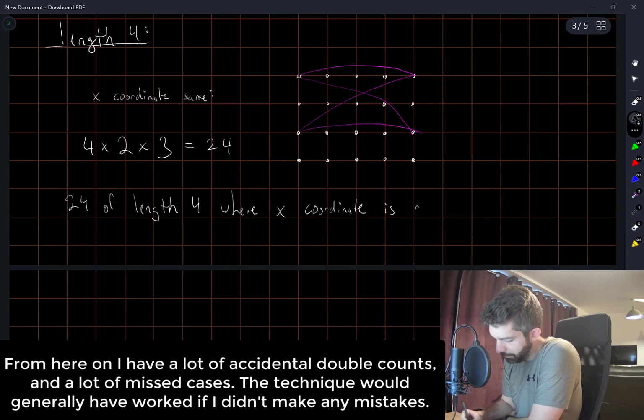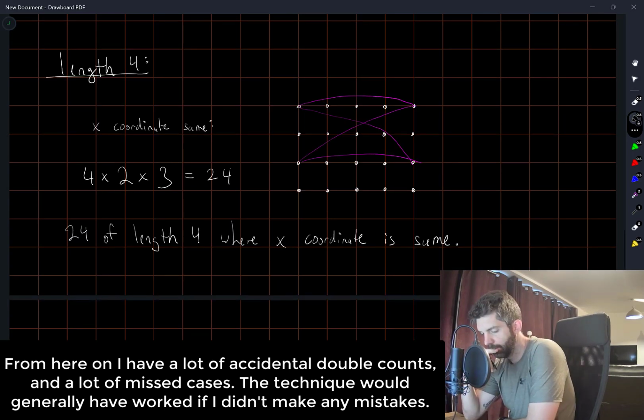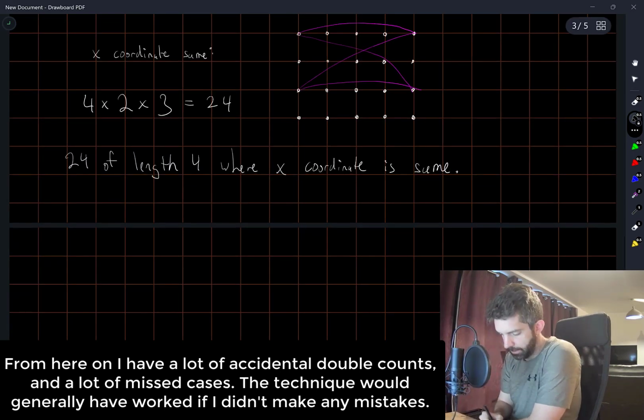So the only thing we have left to count is the number of length 4 segments where the x-coordinate is not the same, but that means the x-coordinates must be 0, 2 or 2, 0. I think that's just 4 times 2 times 2, right?